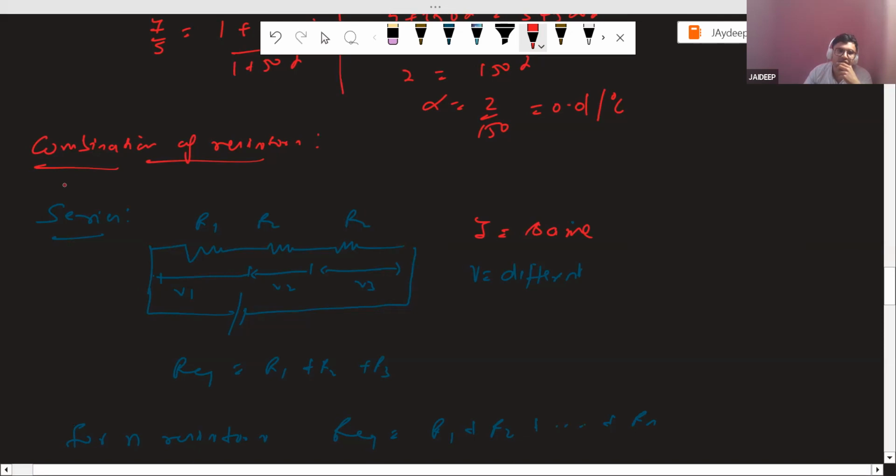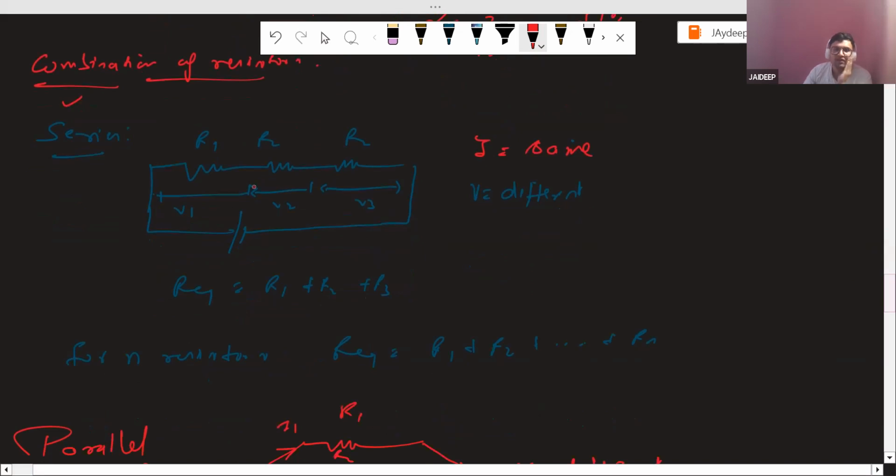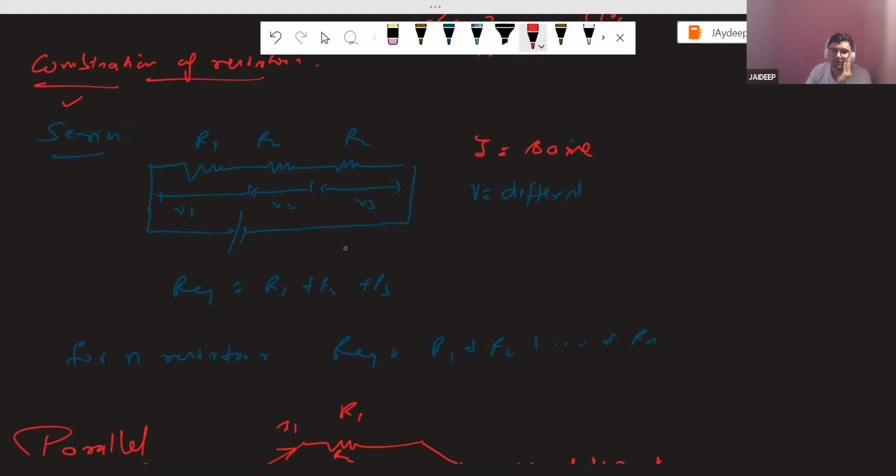Now, combination of resistances. If three resistors are connected in series, and we have to calculate the resistance of the combination, R equivalent equals R1 plus R2 plus R3. In series, current is the same, but potential difference is different.